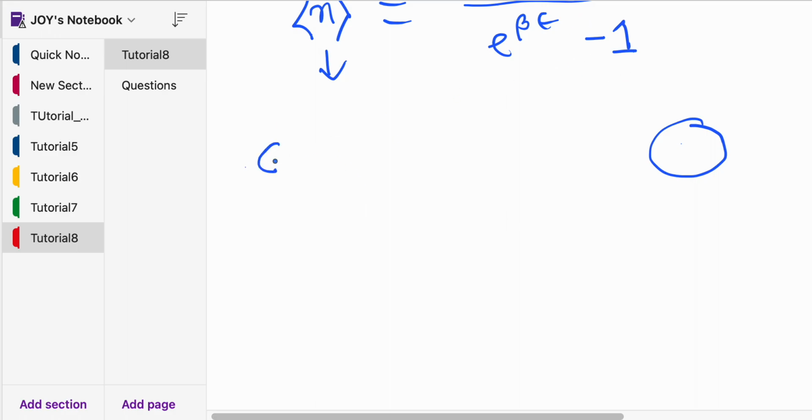What is the relation for epsilon here? Beta epsilon is equivalent to, for a single photon, if its frequency is nu, then its energy is h nu, right?